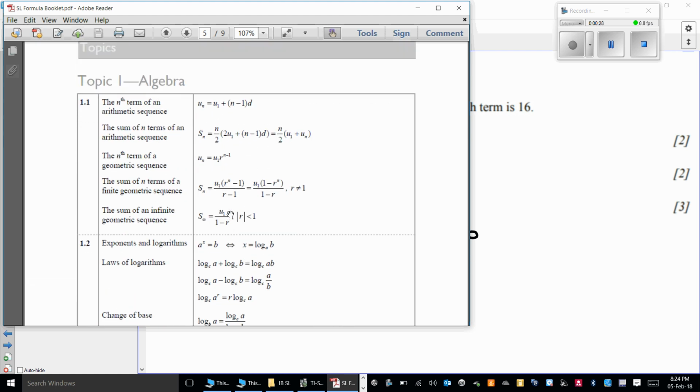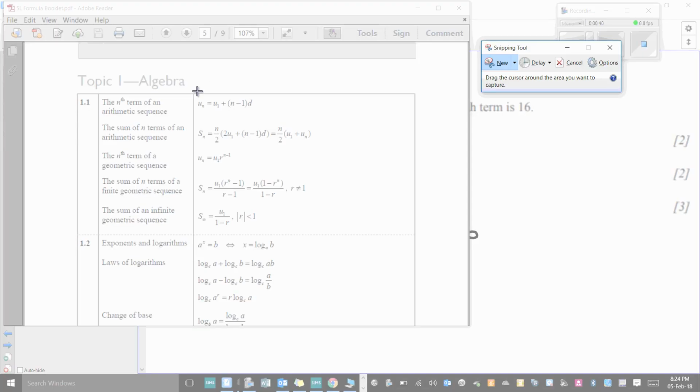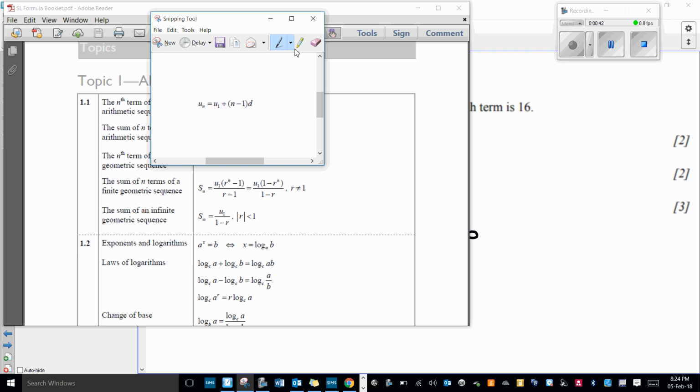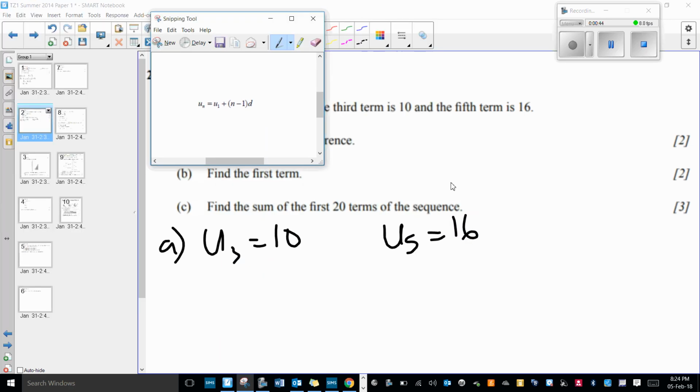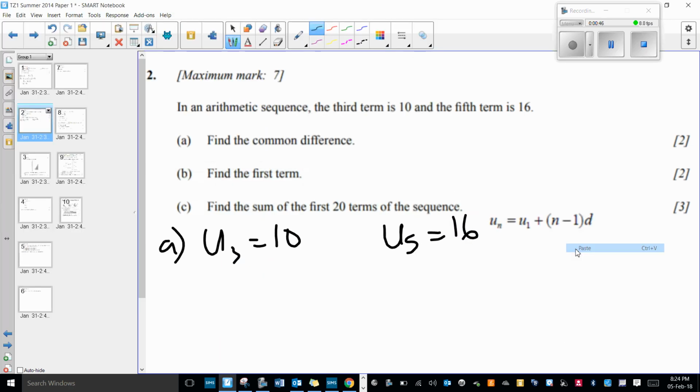we can see here that the nth term of an arithmetic sequence is U1 plus (n minus 1)d. So we've got it with us. Okay, so if we know that un is u1 plus (n minus 1)d, we can set up two equations.